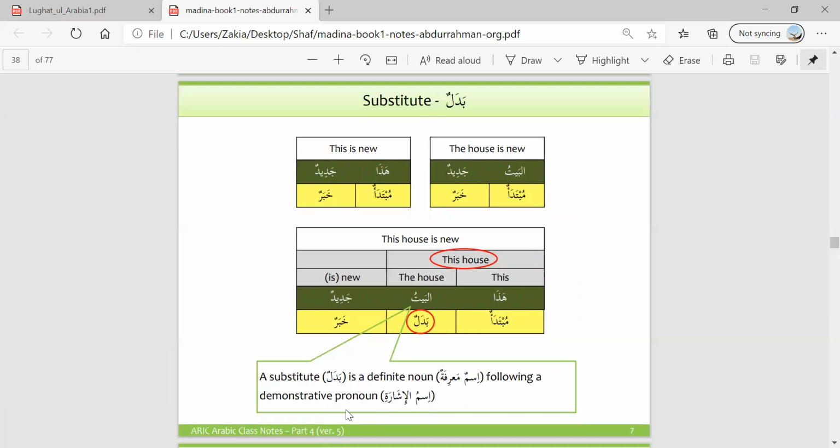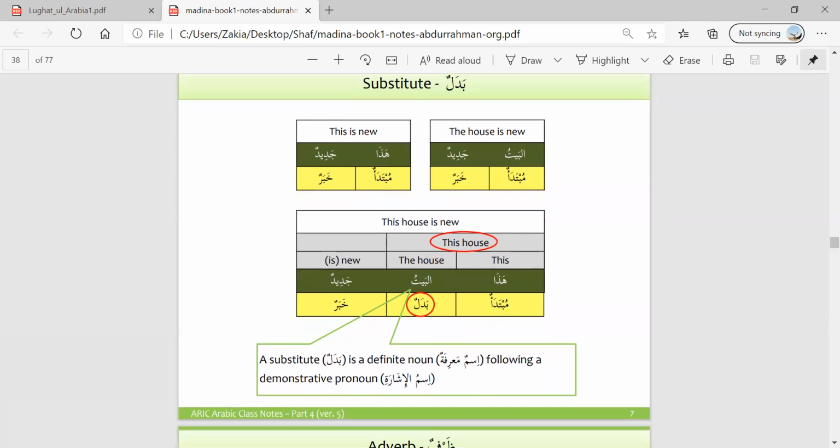So basically what they're trying to say is when you have an ismu ishara followed by a definite noun, it becomes a substitute. Okay, so a substitute is a definite noun which follows the ismu ishara. So this would be badal. The reason why it's badal, a substitute, is because it comes after hadha.